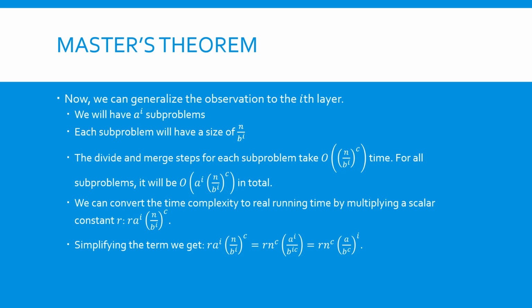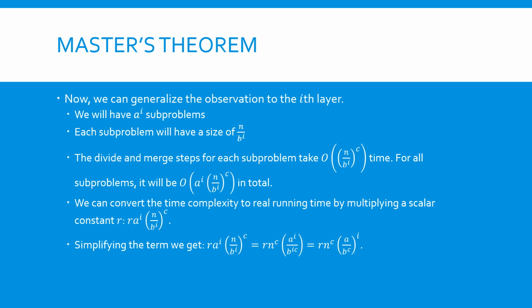With the previous discussion, it is not hard to generalize the analysis to the ith layer of the recursion call. At the ith layer, the original problem will be divided i times, each time into A subproblems. Thus, the total number of subproblems at the ith layer will become A^i.